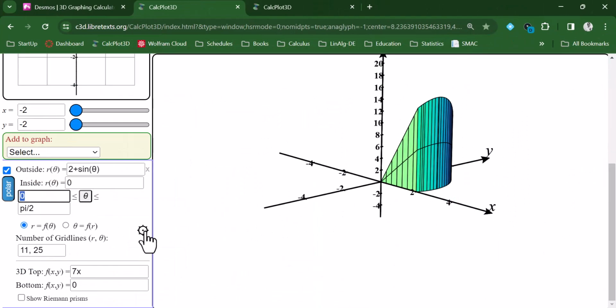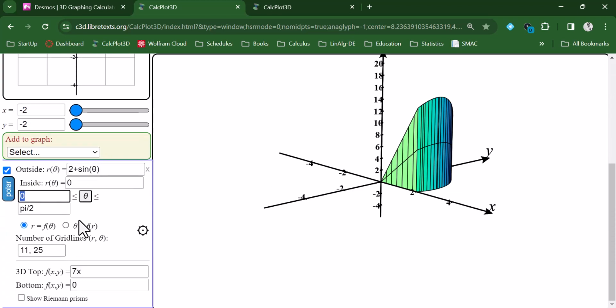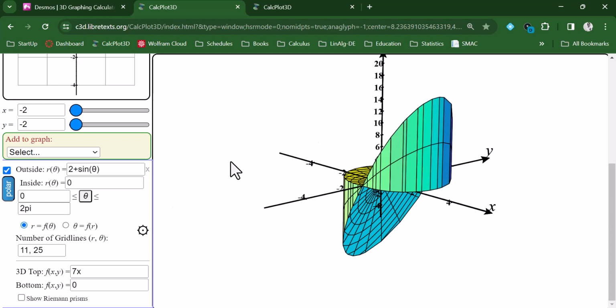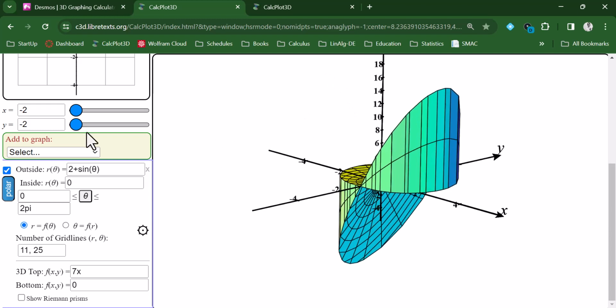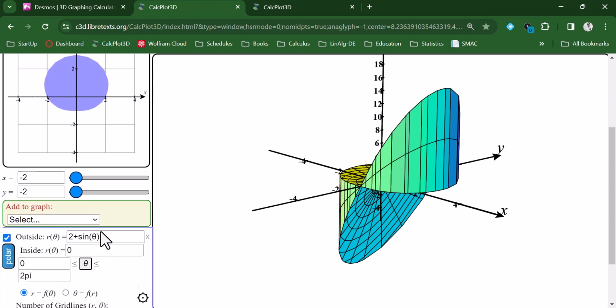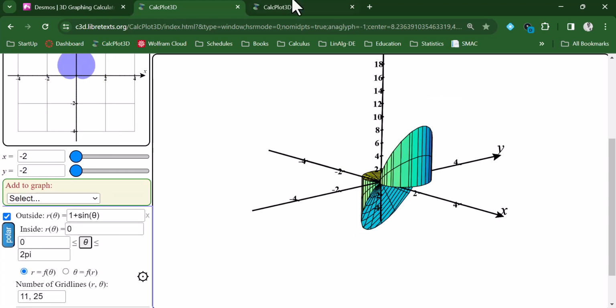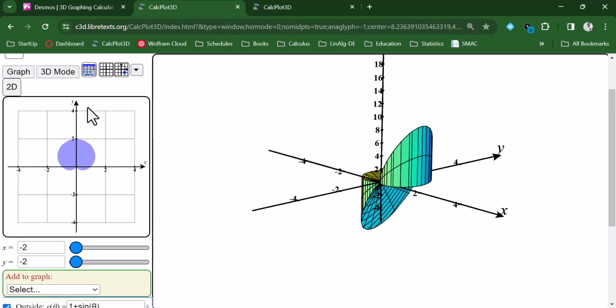So if we expand this a little bit and take a look at that shape, the problem isn't asking us to do this, but if we go from 0 to 2 pi, this almost looks like a cardioid, not looking at the three-dimensional picture, but the two-dimensional picture. And if you make this into 1, then it actually does become that cardioid shape.